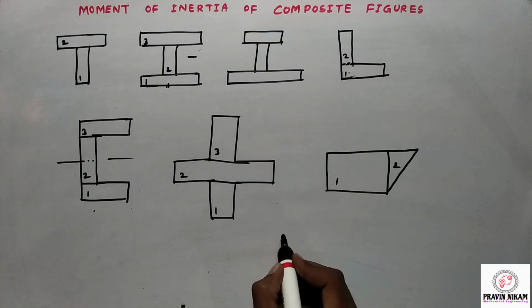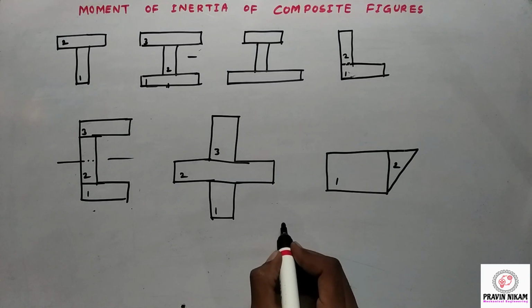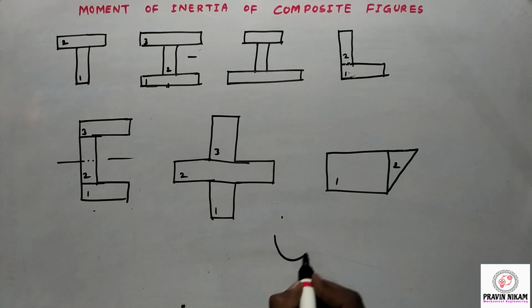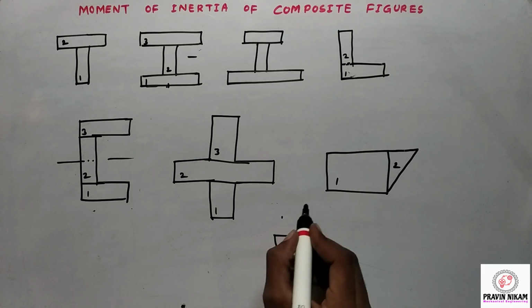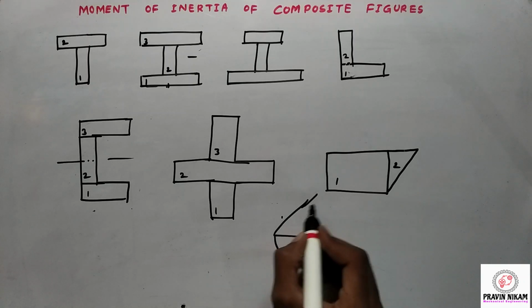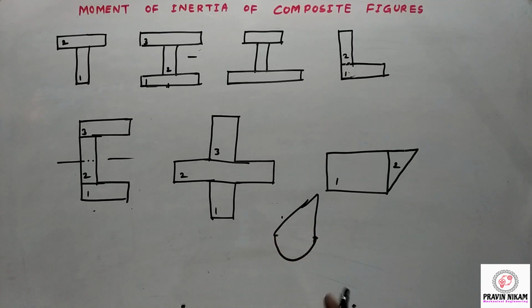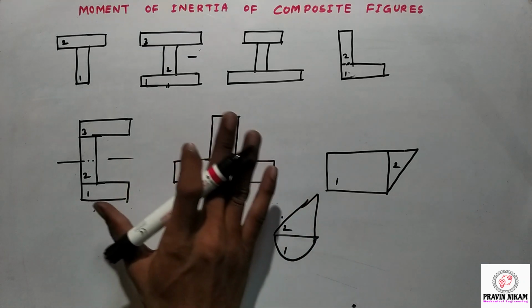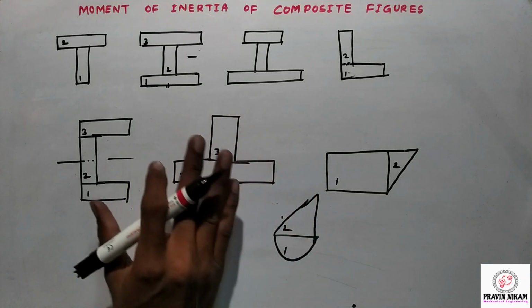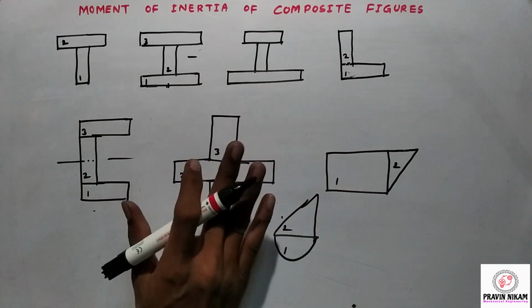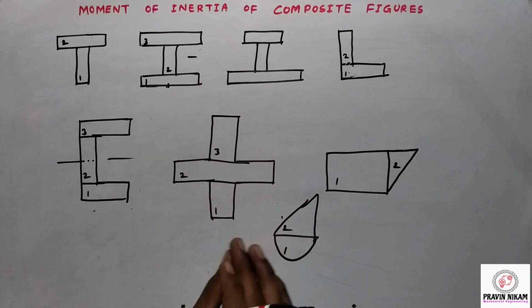Now this is one of the sections like this. So split up this section into 2 sections: hemisphere, triangle. Like this, you can solve the problems of all these sections. So thank you very much.